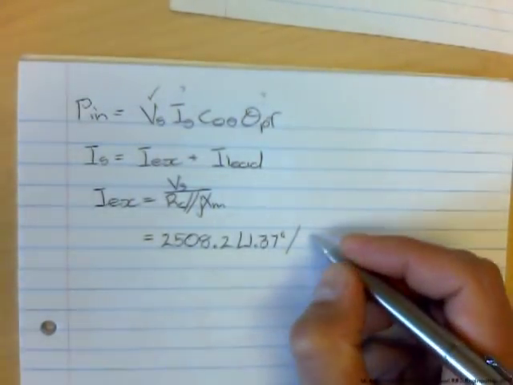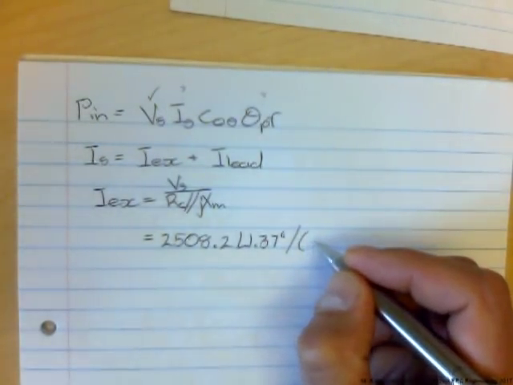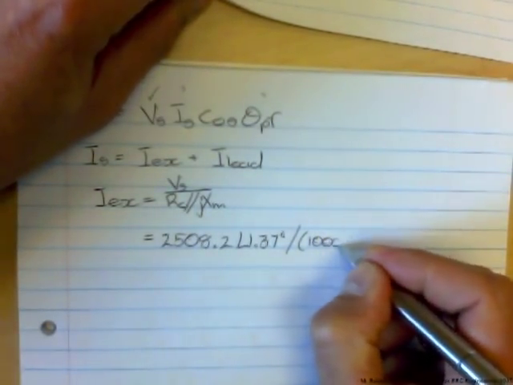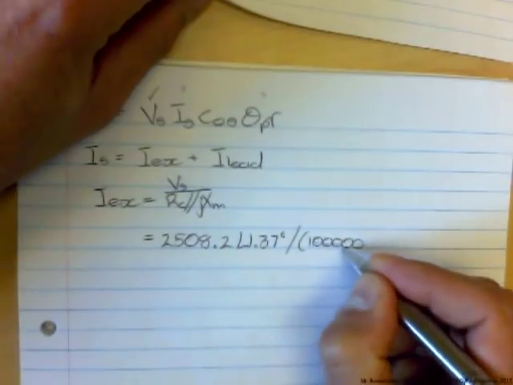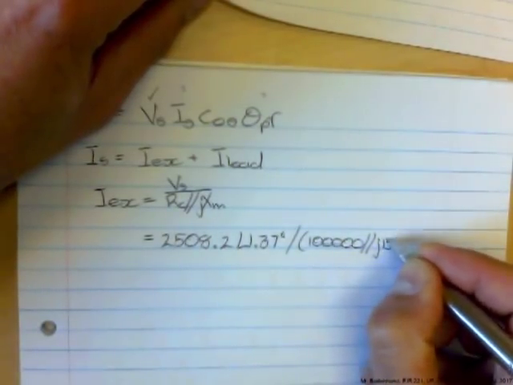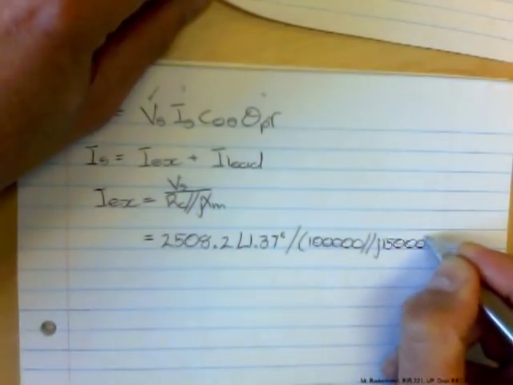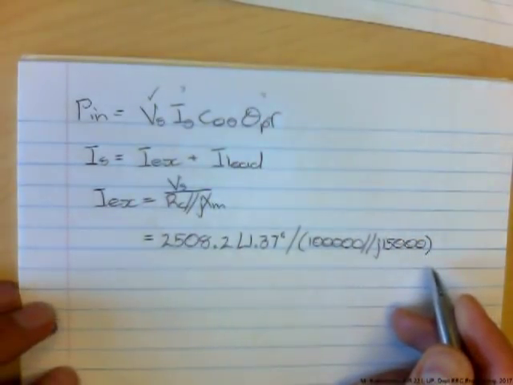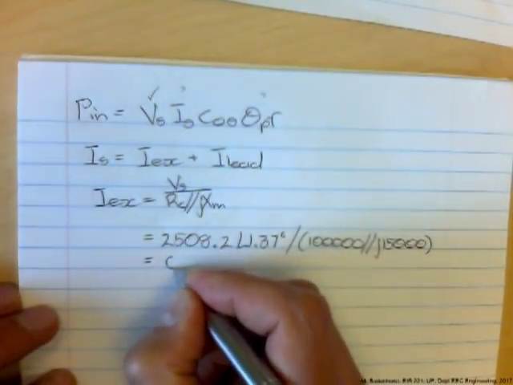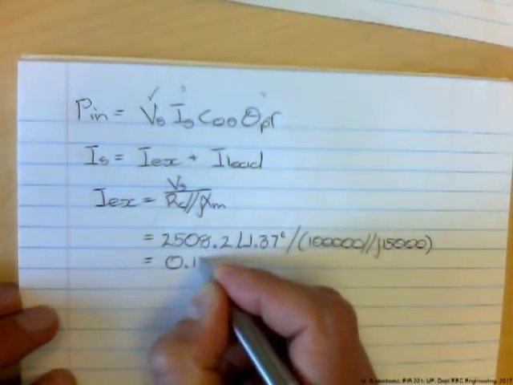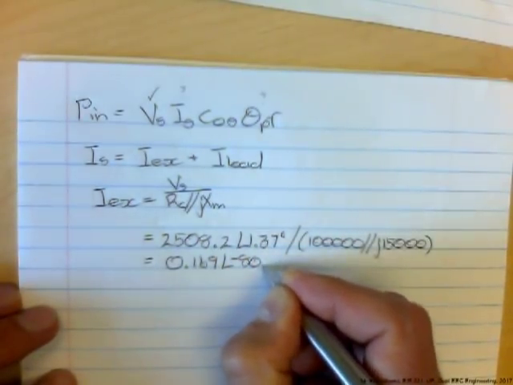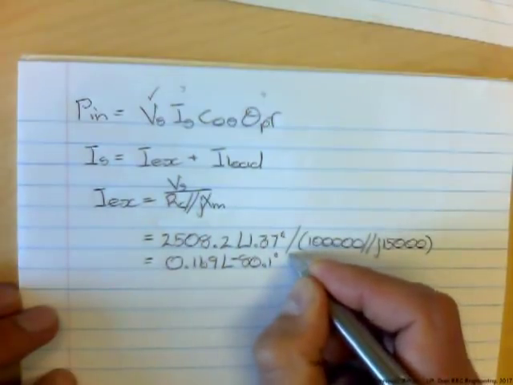Then we need to divide that by Rc, which is 100,000, parallel to j15,000. So obviously that's also going to be a complex number. So if you do the number crunching there, you must get a 0.169 angle minus 80.1 degree amps.